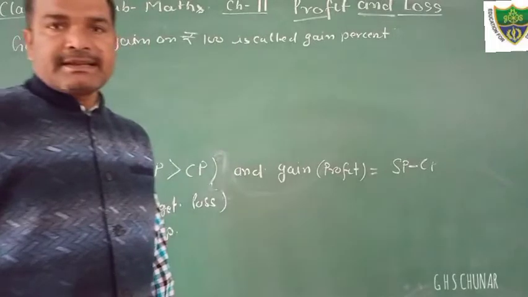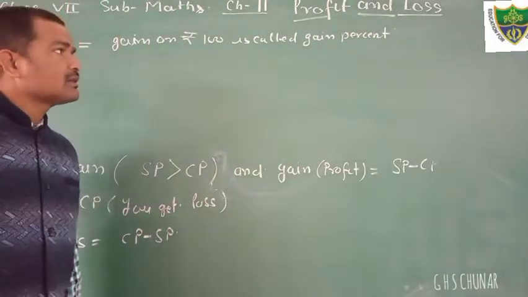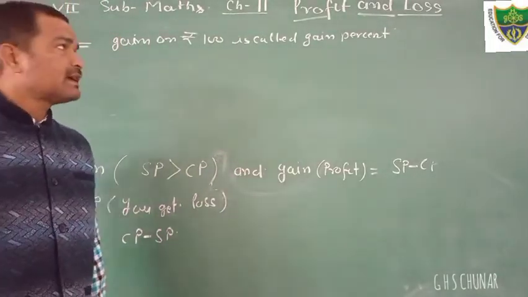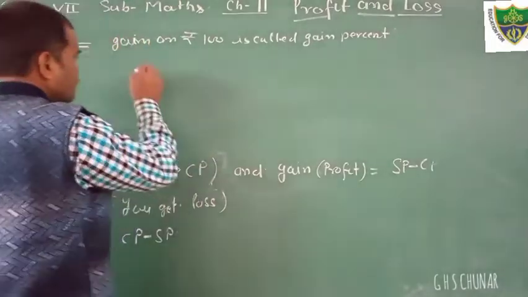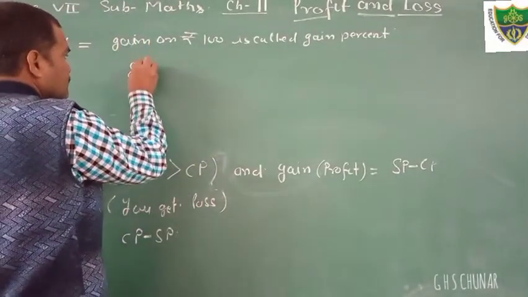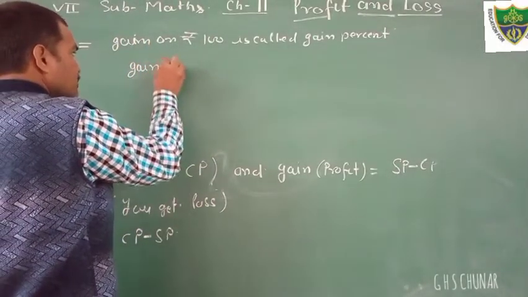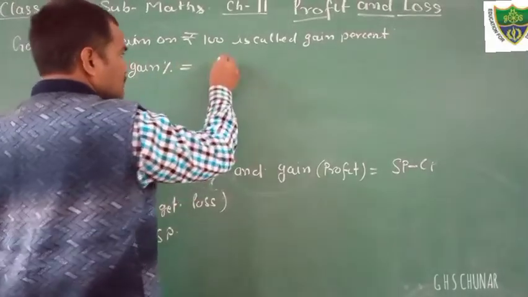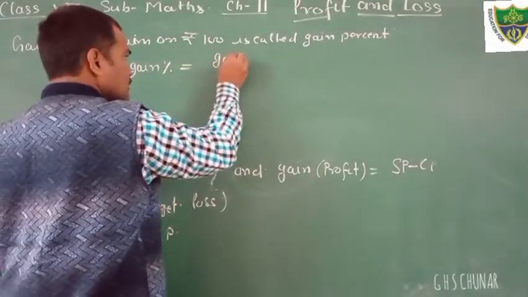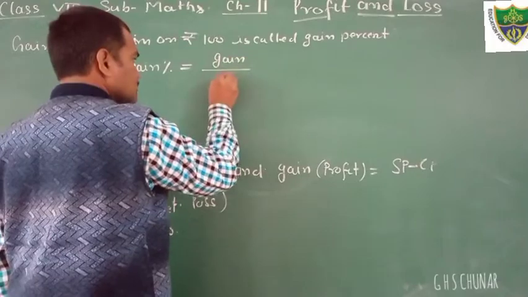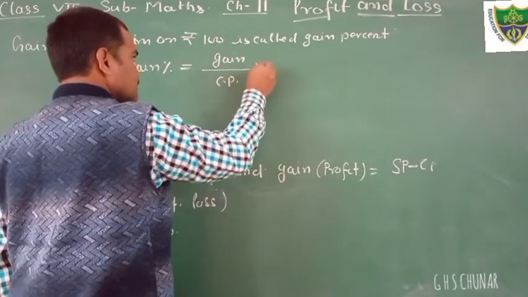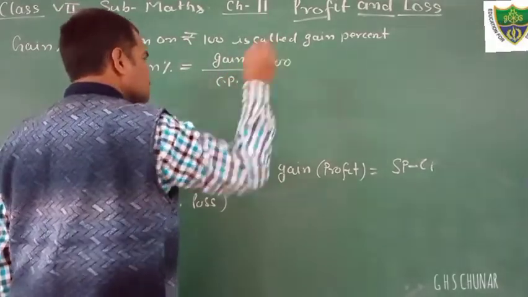How much profit he gets on rupees 100 is called the gain percent, and gain percent is equal to gain upon CP into 100.